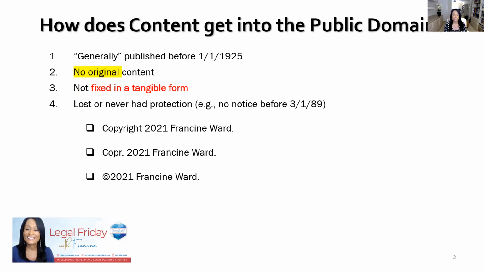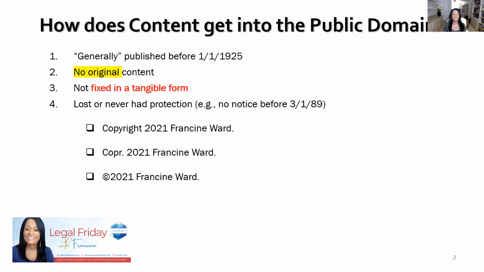It didn't matter. So for example, today, if you create content and you don't put the copyright notice symbol on your work, it doesn't matter. It's not required. However, if prior to March 1st, 1989, you had creative work and you did not have that notice symbol on your work, then you lost protection.